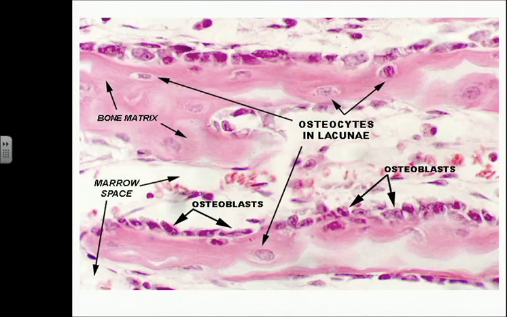We're now finishing video 2, and I put this section because when we look at bone, we will find all these cells going together, and we have to interpret them all together. So when we look here, as highlighted by the arrow, we can see osteocytes in lacunae. We can see osteoblasts on the surface, we can see the bone marrow, and we can see the bone spicules with the bone matrix.